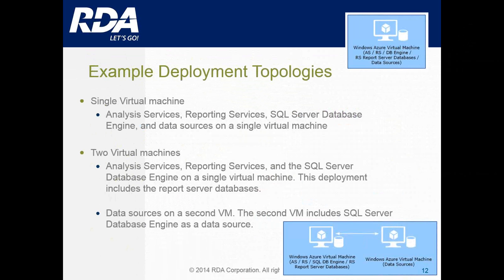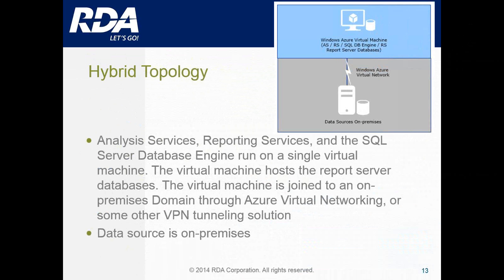So basically, you're splitting your needs into separate virtual machines. And again, as I said, the virtual machines can be Windows Azure-based. If you had an on-premises solution, your virtual machine could be on-premises as well.